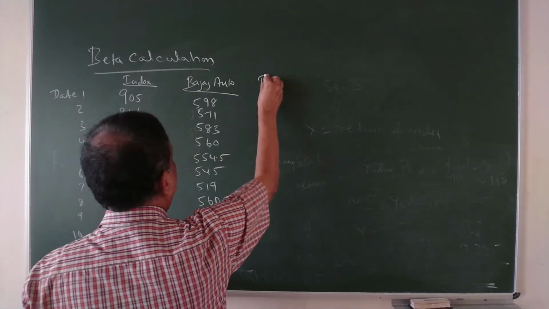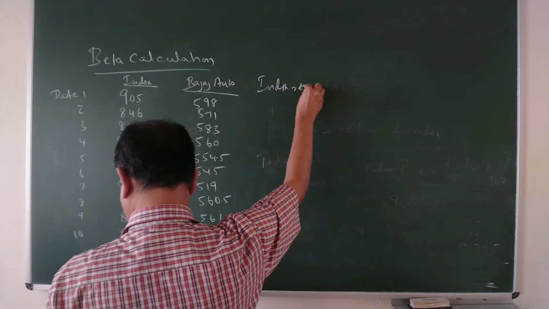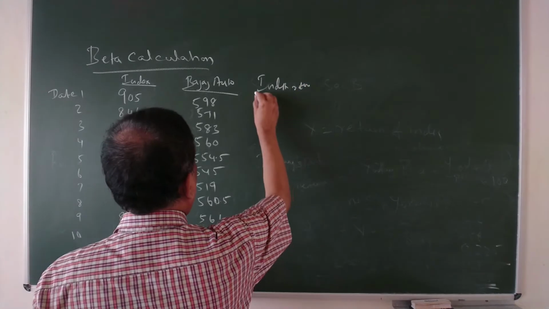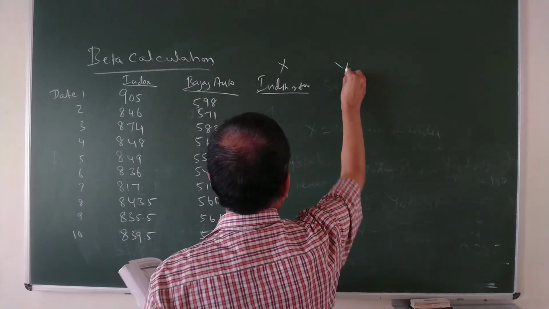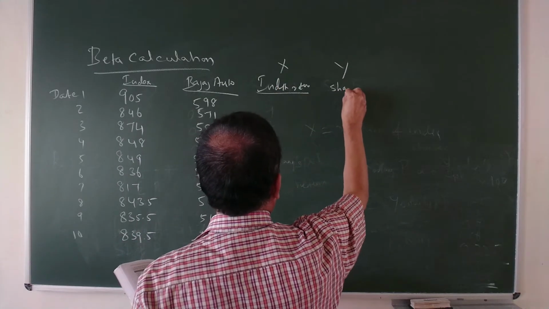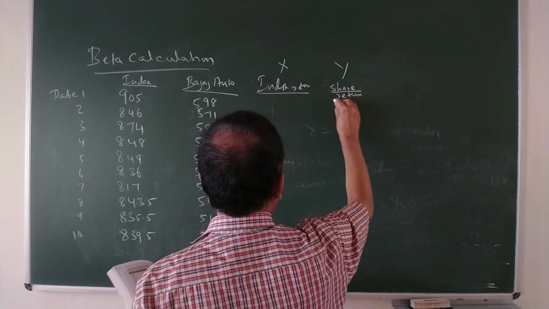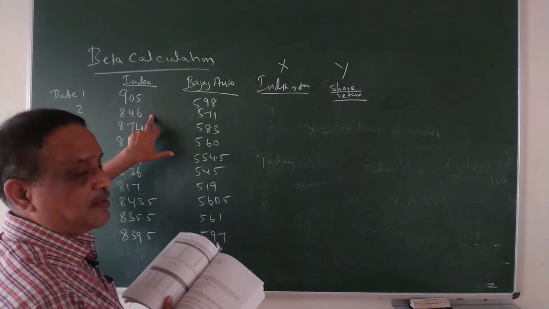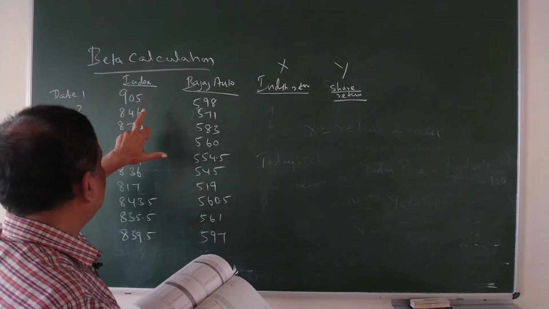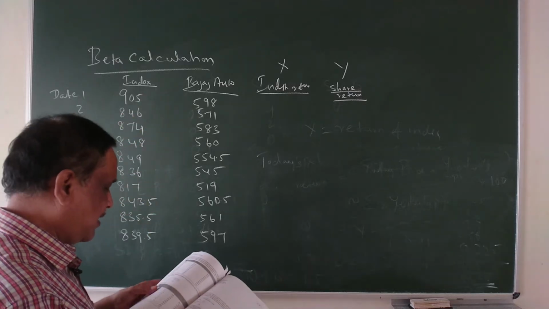Next you take index return as x and share return as y. For the first date, index return will be 846 minus 905 divided by 905.